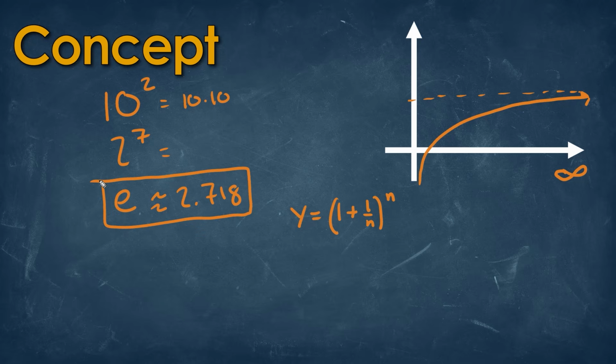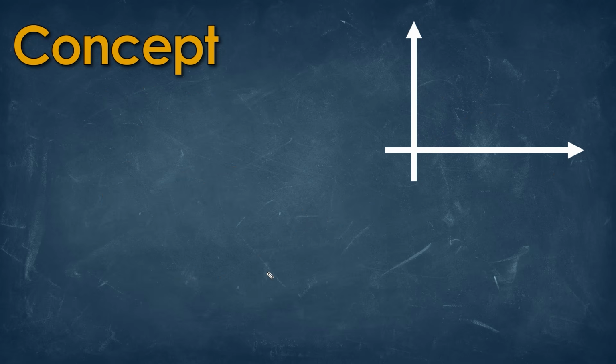And it has a lot of practical applications. So when we say e raised to a power of, say, 4, we're actually looking at 2.718 raised to the 4th power.